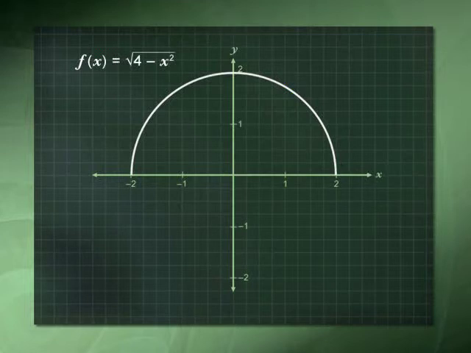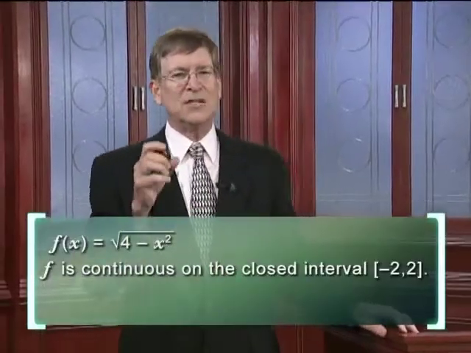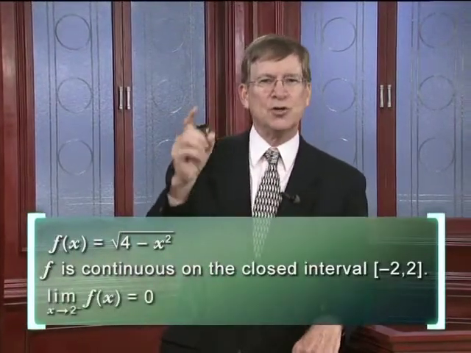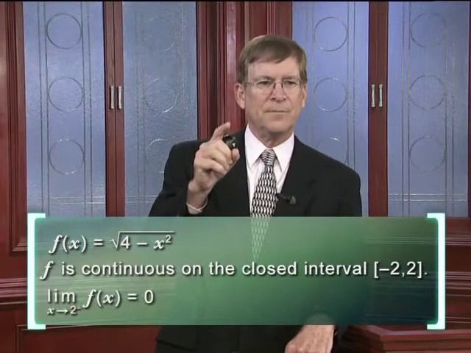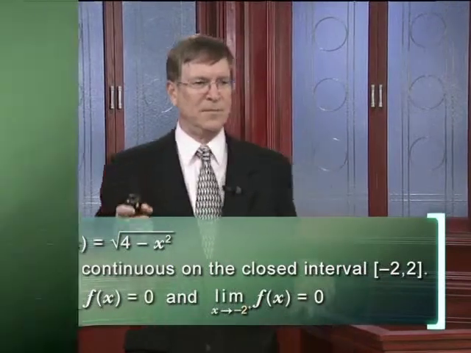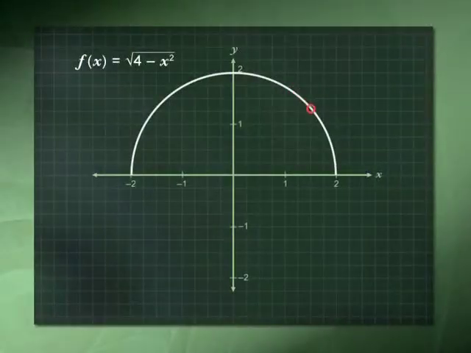So what we do are so-called one-sided limits, and I've talked about that a little bit previously. Let's look at what happens to this function as I approach 2 from the left and I approach minus 2 from the right. As I approach 2 from the left, the function gets towards 0. And as I approach minus 2 from the right, the function also tends to 0.